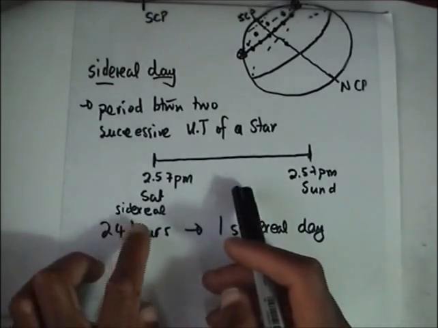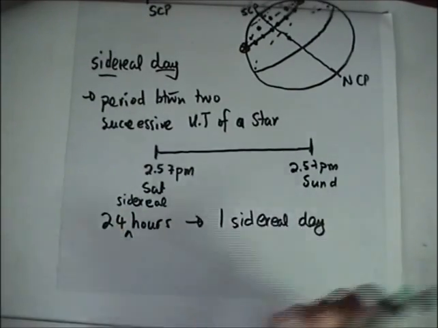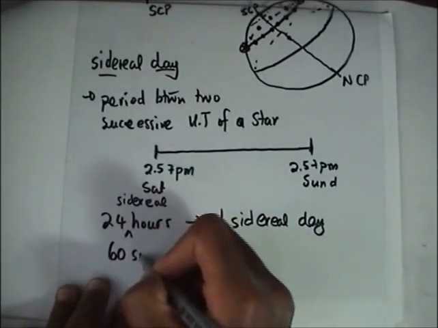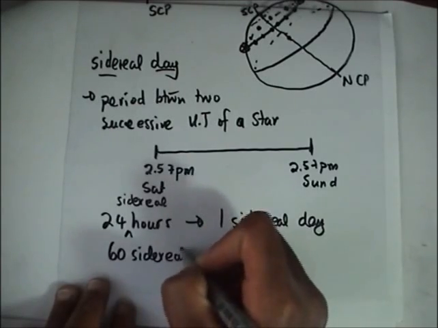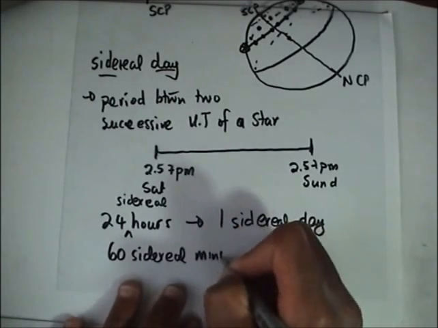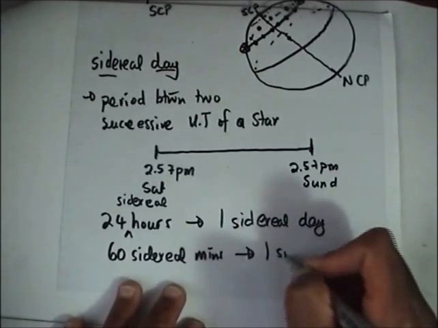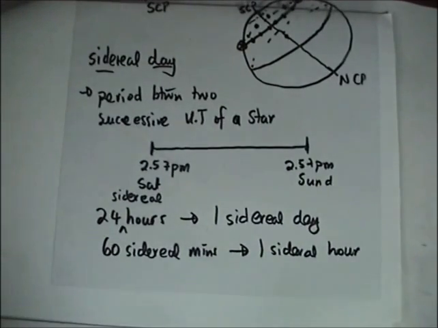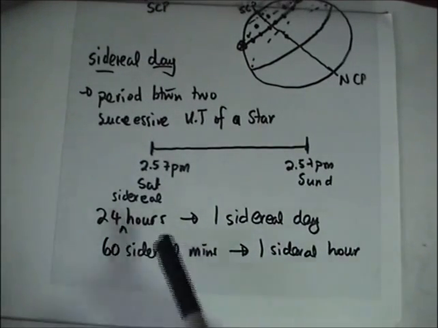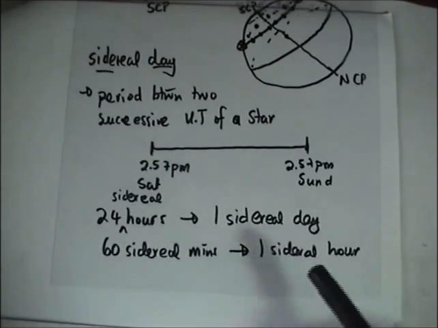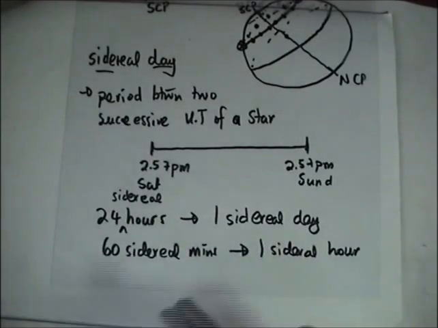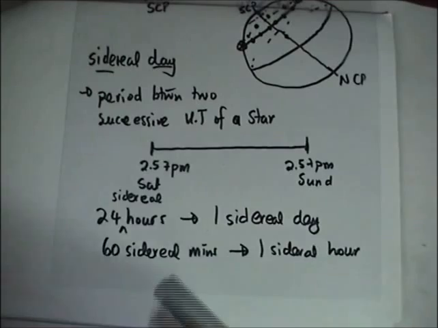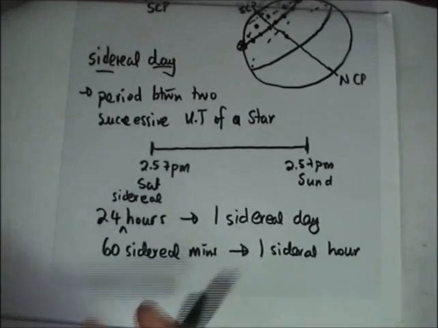So these 24 sidereal hours make up one sidereal day, and 60 sidereal minutes make up one sidereal hour. And I emphasize, one sidereal hour is not one normal hour. Just like that, going forward, 60 sidereal seconds make up one sidereal minute.